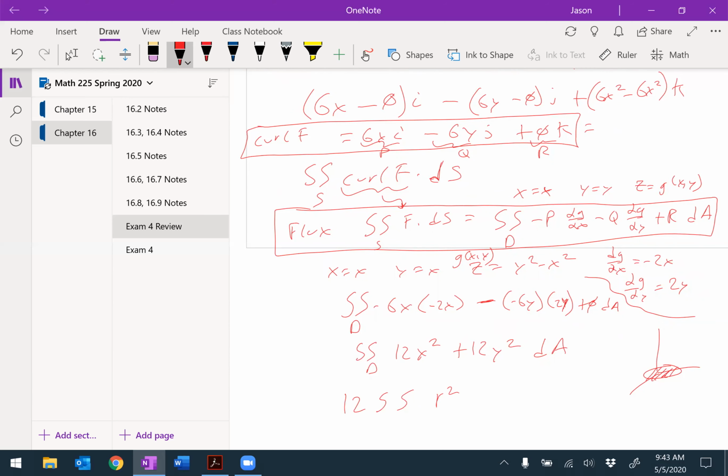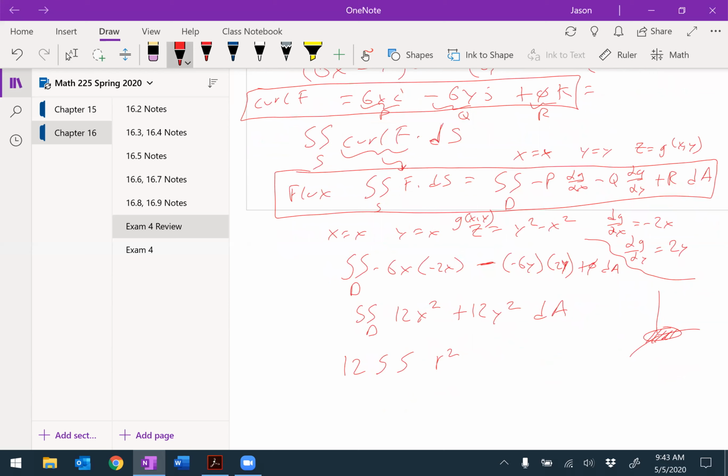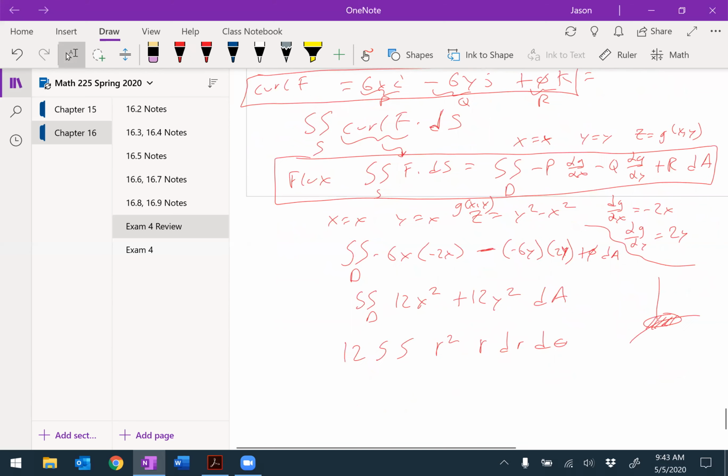And if I change this to polar coordinates, I'm going to get an extra r dr d theta. And what's r going from? R is going from 0 to 5, and what's theta going from? 0 to 2 pi. And so this really just becomes 12 times the integral from 0 to 2 pi of the integral from 0 to 5 of r cubed dr d theta.